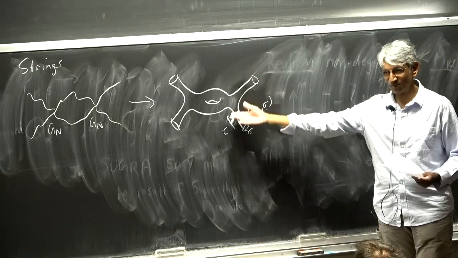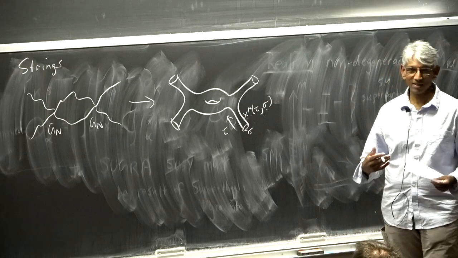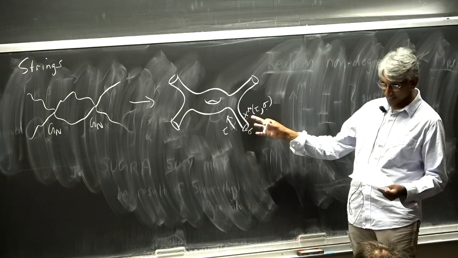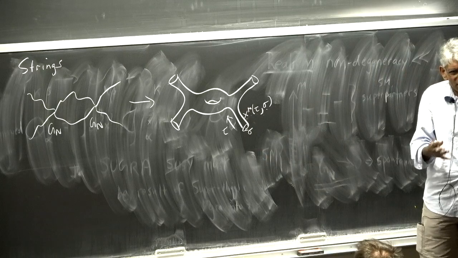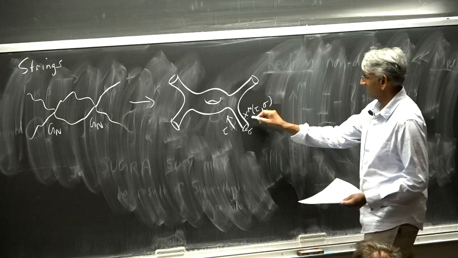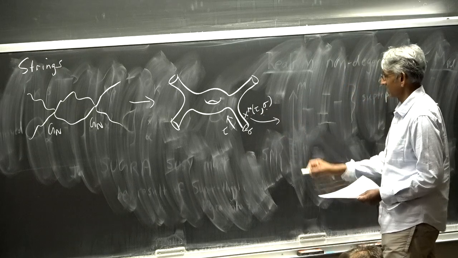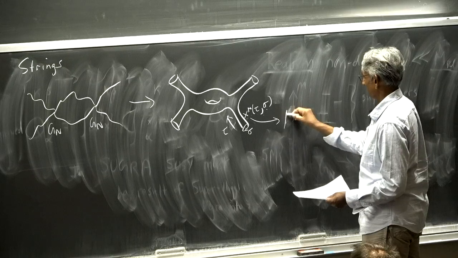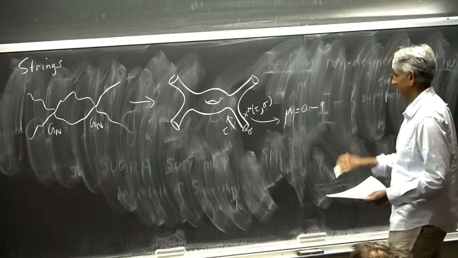Similarly, in string theory, if you want anomaly cancellation, the fields here are the space-time coordinates. So you need to have the right field content. And it turns out that the right field content is you need 10 space-time dimensions, mu equals 0 to 9, okay?